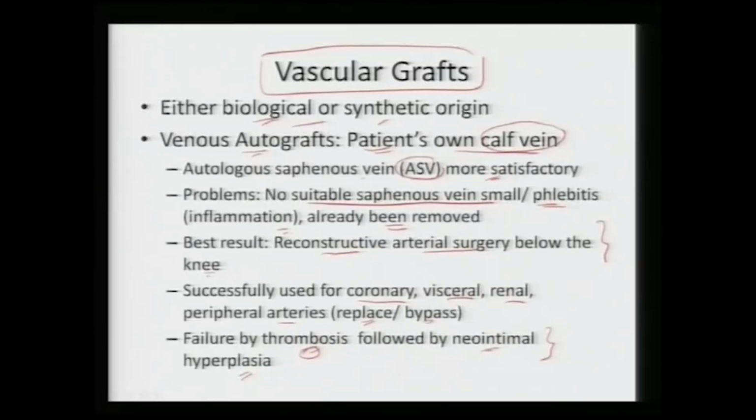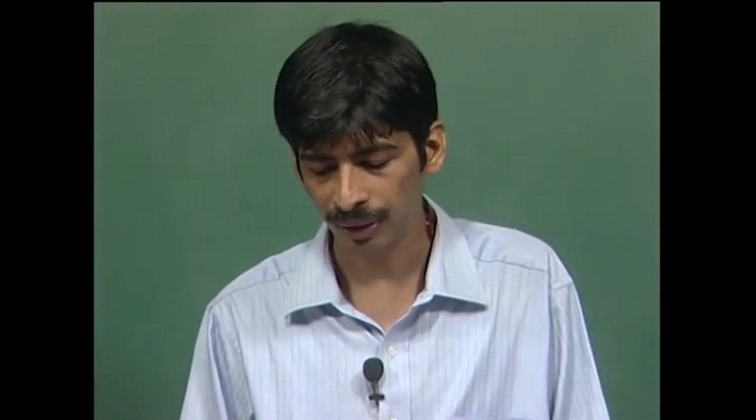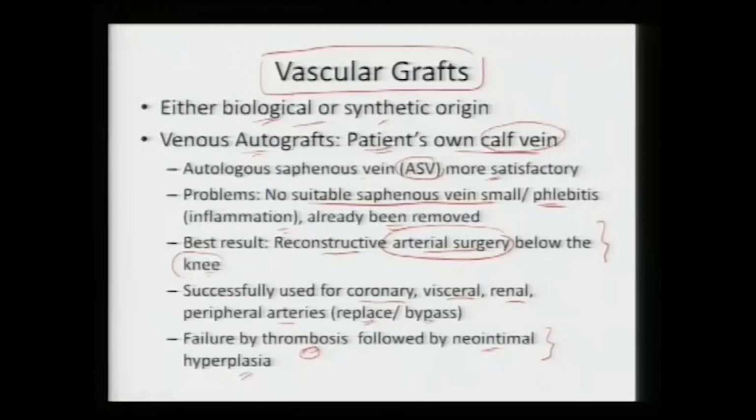But the problem comes when that particular vein is not available, or it is inflamed, or it has already been removed by surgery, and they show very good results in the arterial surgery of the knee. They have also been utilized for coronary, visceral, renal and peripheral arteries. But the problem comes when thrombosis occurs, which is followed by neo-intimal hyperplasia, or the excessive formation of cells in a normally growing place after surgery has taken place.